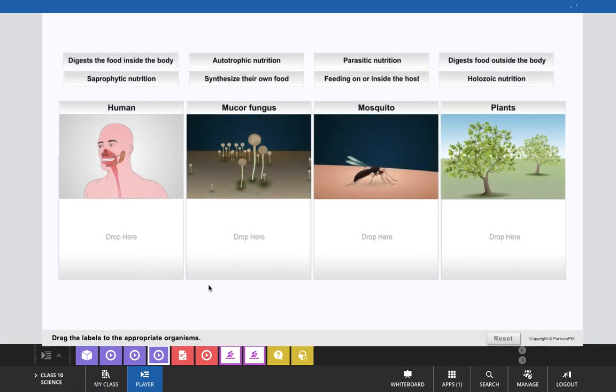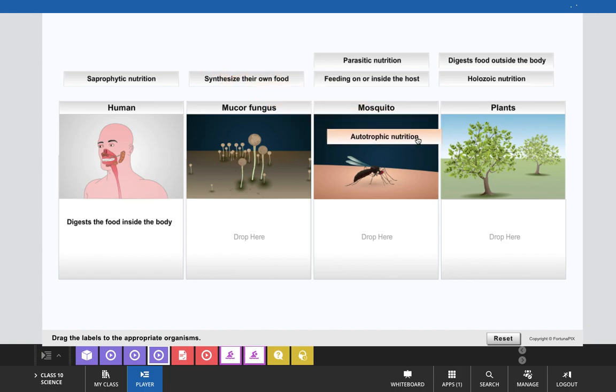Here is one activity. Digest the food inside the body, that we can drag here in humans. Excellent. And autotrophic nutrition, we can select it for plants.